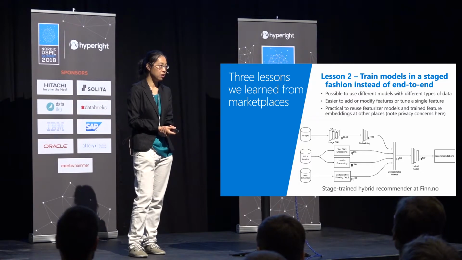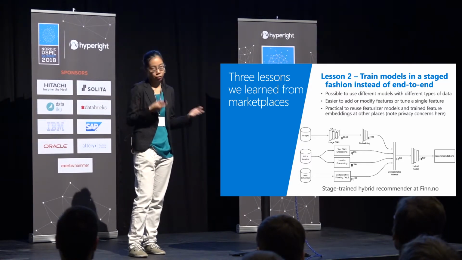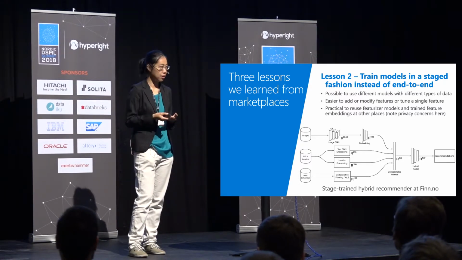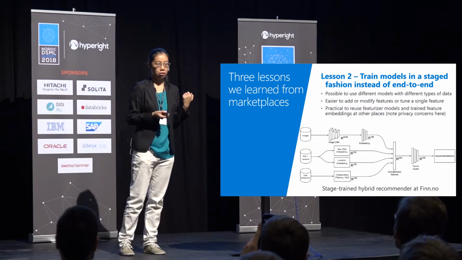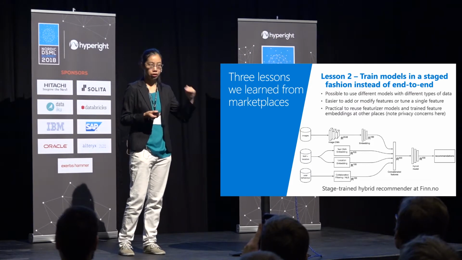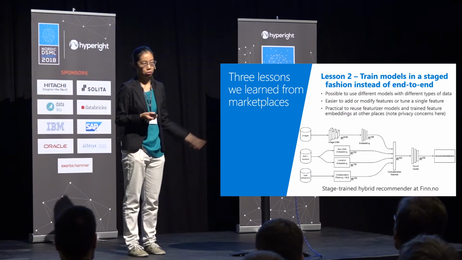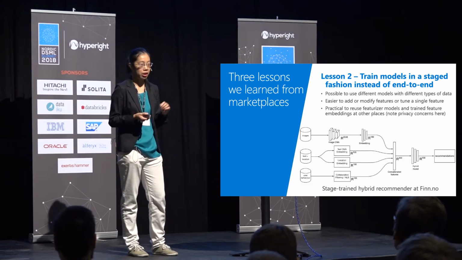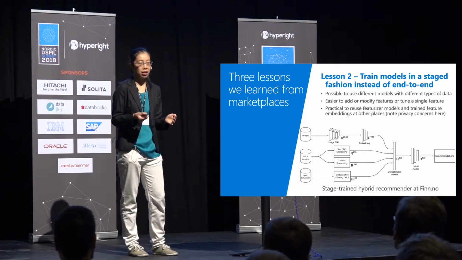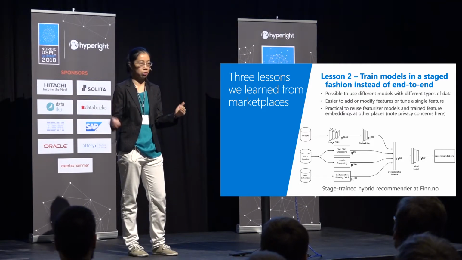The first is that we can, of course, combine different data types together, but also we can easily tune for a single type of feature without changing the part for the others. Like for text information, we can say, oh, we put title only, but later we also try title with description.